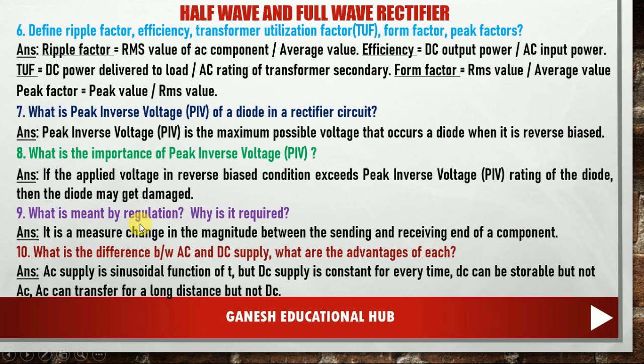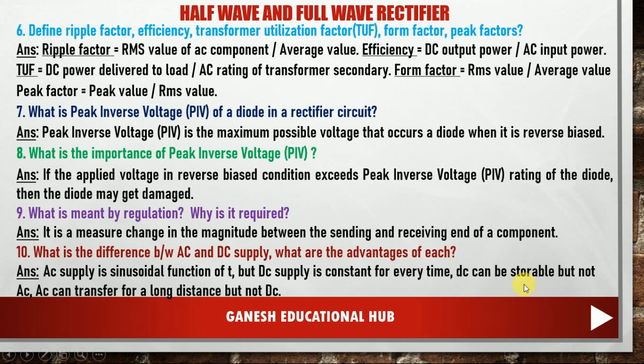What is meant by regulation? Why is it required? It is the measure of change in magnitude between the sending and receiving end of a component. Next question. What is the difference between AC and DC supply? What are the advantages of each? AC supply is a sinusoidal function of time, but DC supply is constant for all time.